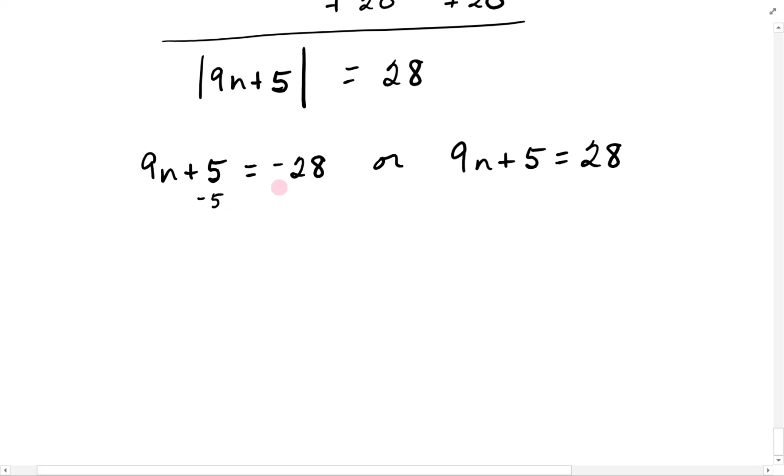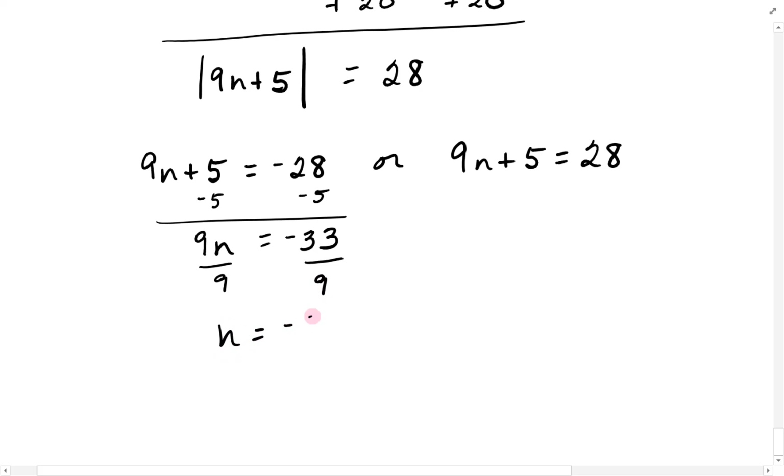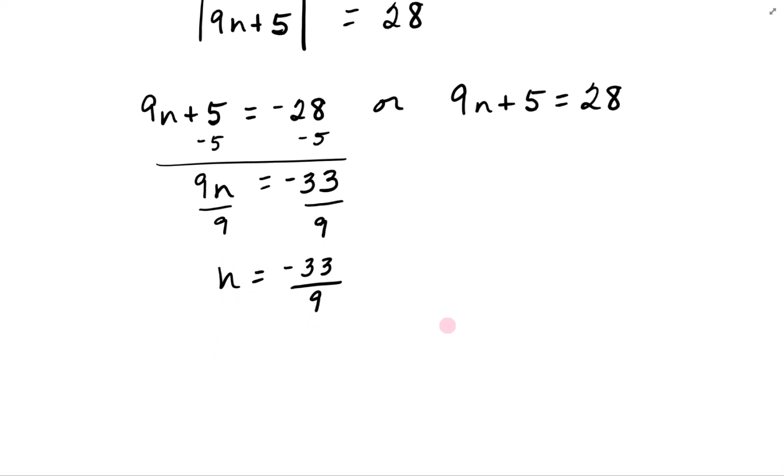So subtract 5, you get 9n is equal to negative 33. Divide by 9, and I get n is equal to negative 33 over 9, and I think on my work I neglected to reduce that, but you need to. N is equal to negative 11 over 3.